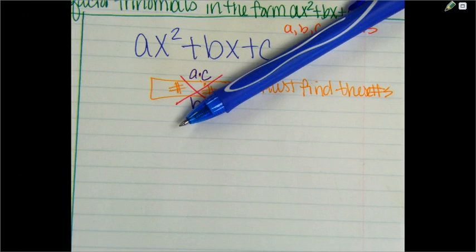36 and negative 13. Uh-oh, the top is positive, but the bottom's negative. What do you know about the two sides? Both have to be negative. This is a pretty easy exercise.